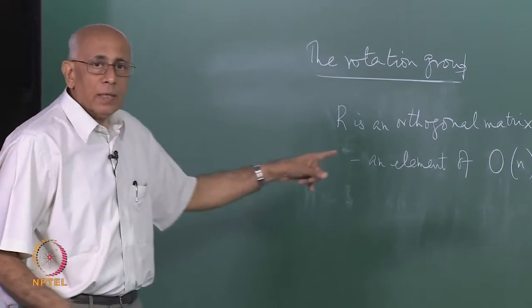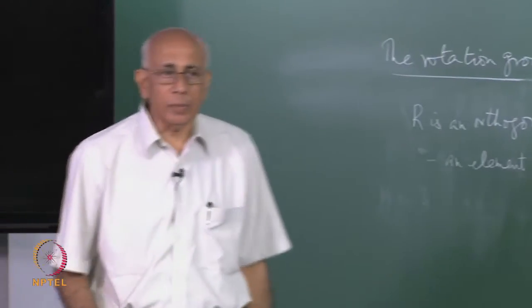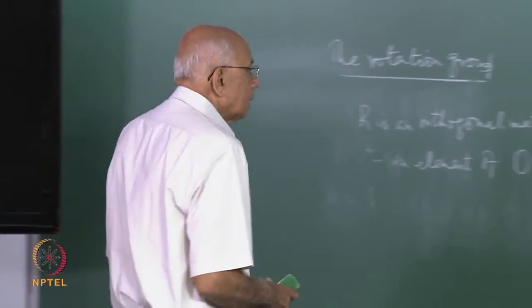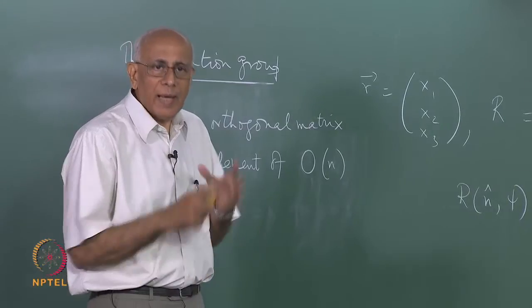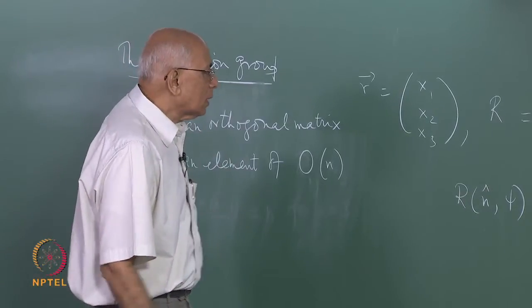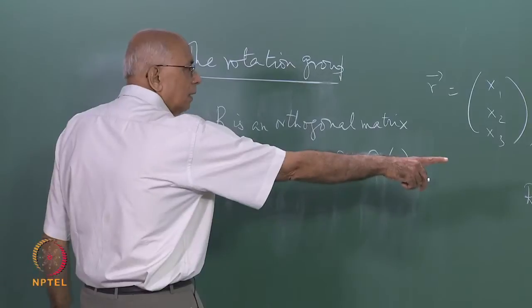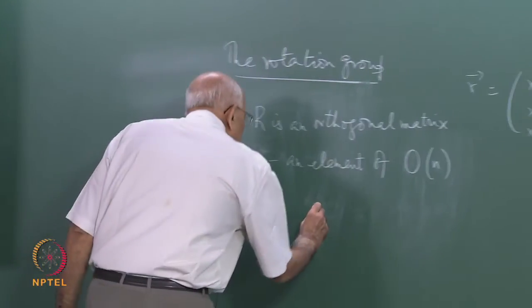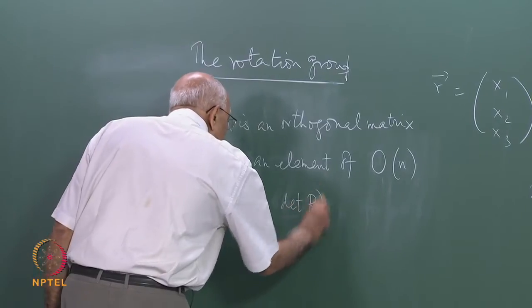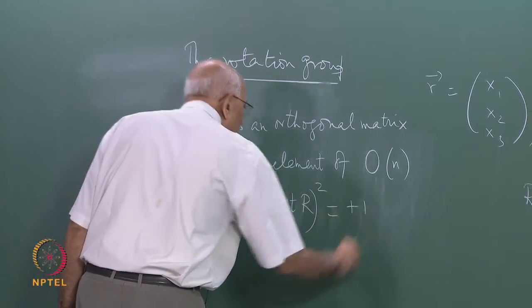Now this set of matrices has an interesting property. Okay. It is a group, but that group is not a very trivial group. It has some structure to it, and that you can see from the fact that if you take the determinant on both sides of r transpose r equal to I, you immediately discover that determinant r squared equal to plus 1.